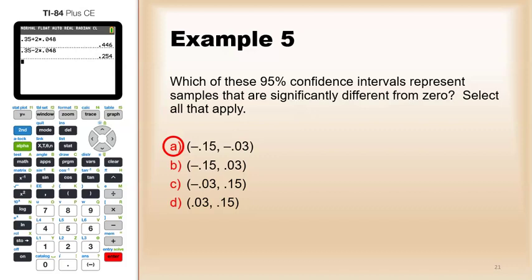Part B, negative 0.15 to positive 0.03, 0 is inside, so we would fail to reject. Part C, negative 0.03 to positive 0.15, again, 0 would be inside, we would fail to reject. Part D, 0.03 to 0.15, those are completely positive numbers, so 0 would be outside. We would reject on that one as well. So if you want to see which ones are significantly different from 0, you look for the ones that are either all negative or all positive.